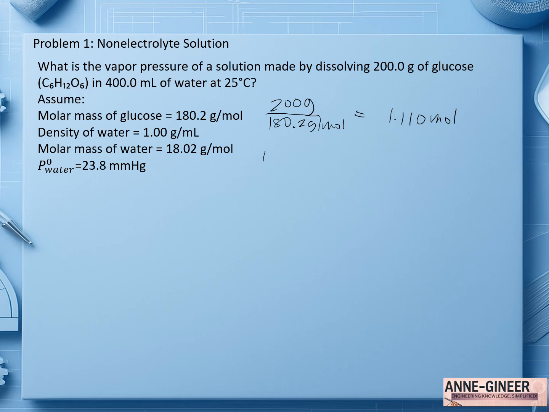We also have 400 ml times 1 gram per ml of water over 18.02 gram per mole. So we have 22.2 moles.